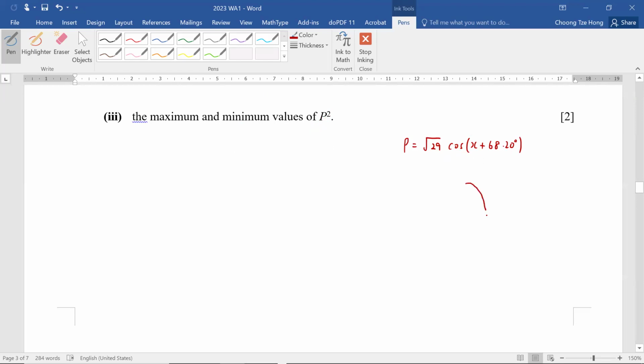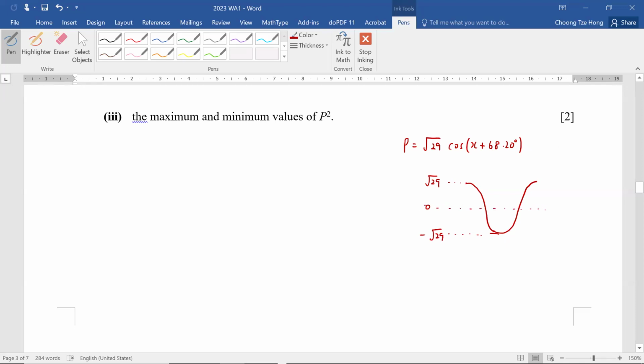If you were to sketch it out, it's going to look something like this. With the amplitude of square root 29, the maximum point will be square root 29, and the minimum point will be negative square root 29. This one has no vertical shift, so the center point will be 0.